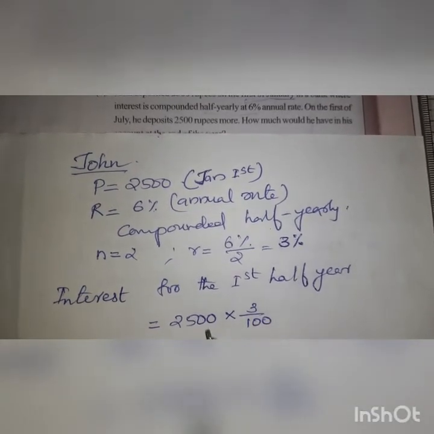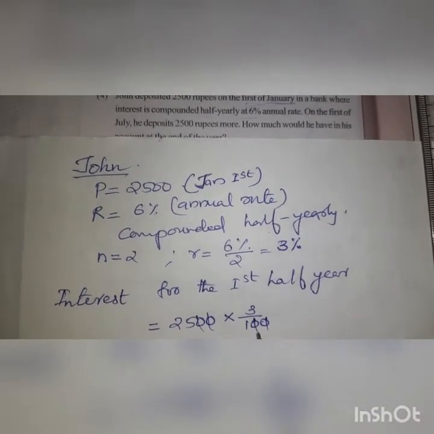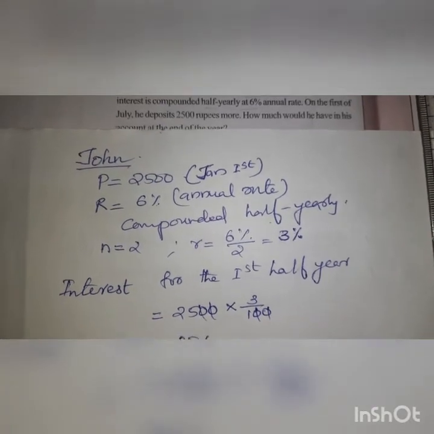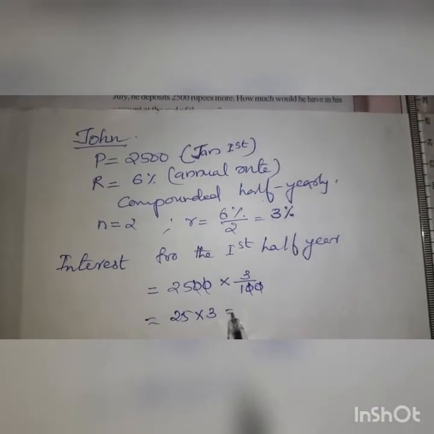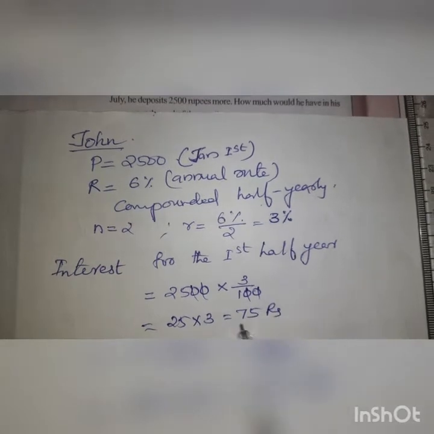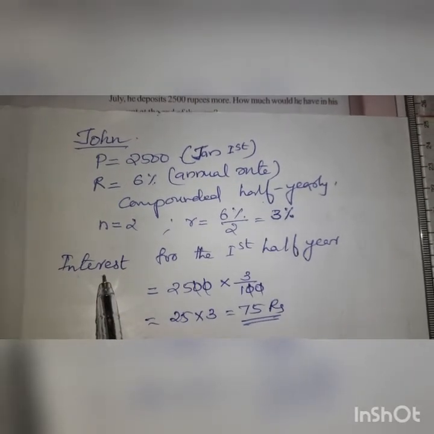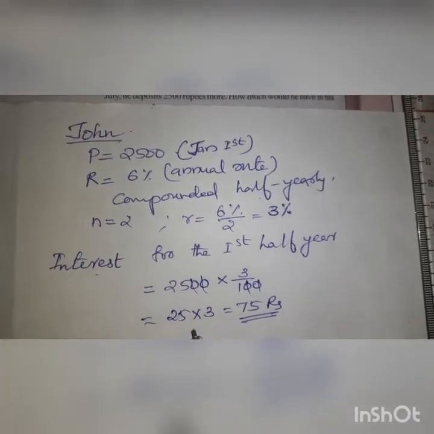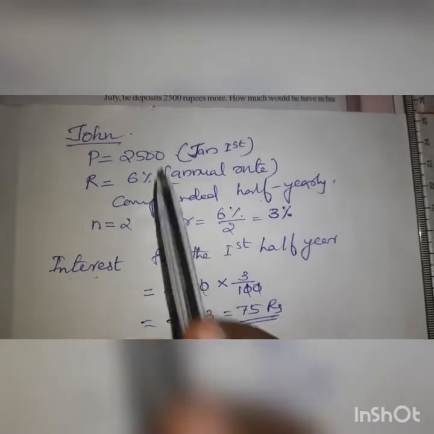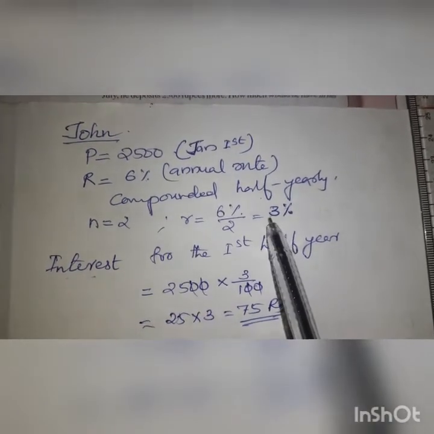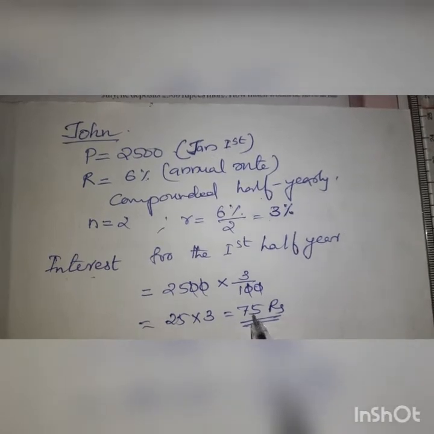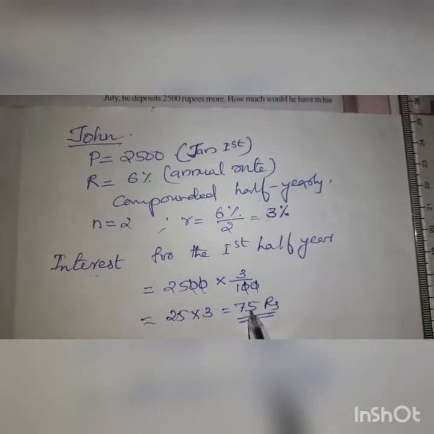Okay, so 0 0 will be cancelled, so you will get 25 into 3. You are getting 75 rupees as interest for the first 6 months. Okay, so 2500 deposited at 3% rate, we are getting an interest of 75 rupees.